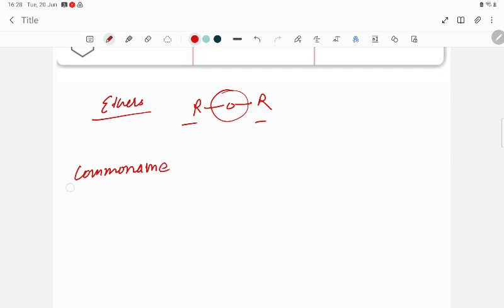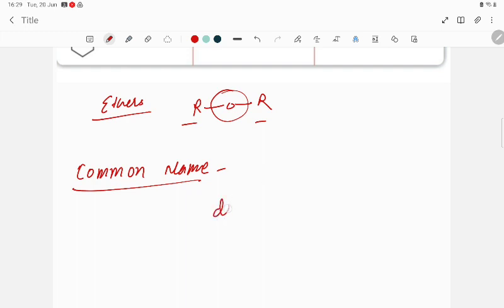So how do you write the common name, student? When writing the common name, you need to pick the prefixes in alphabetical order.